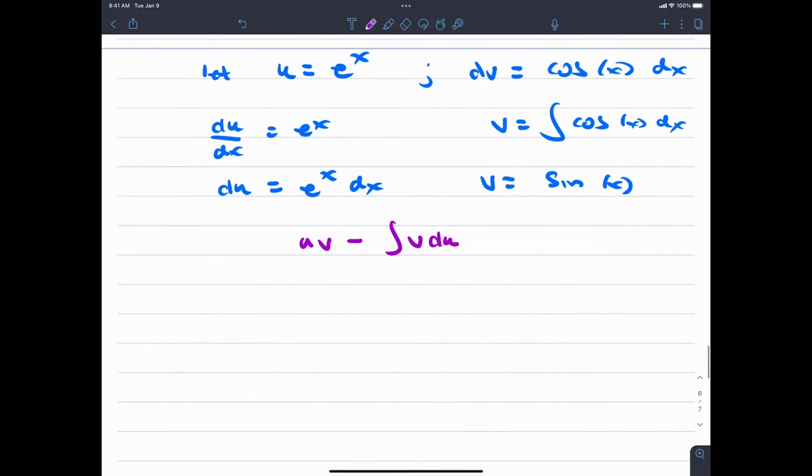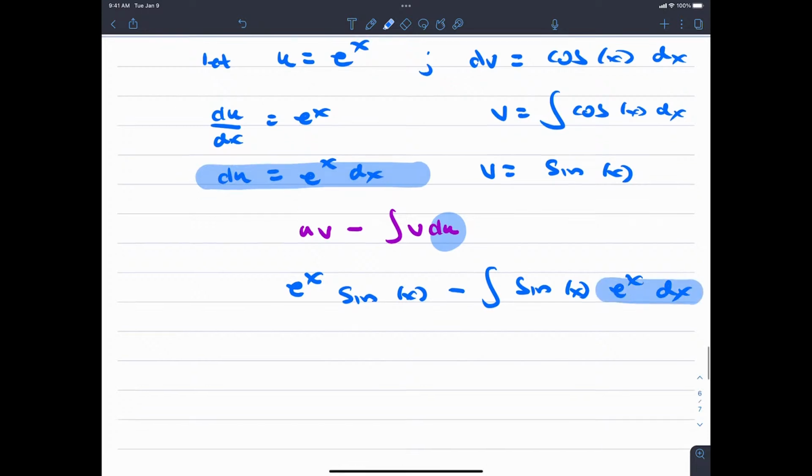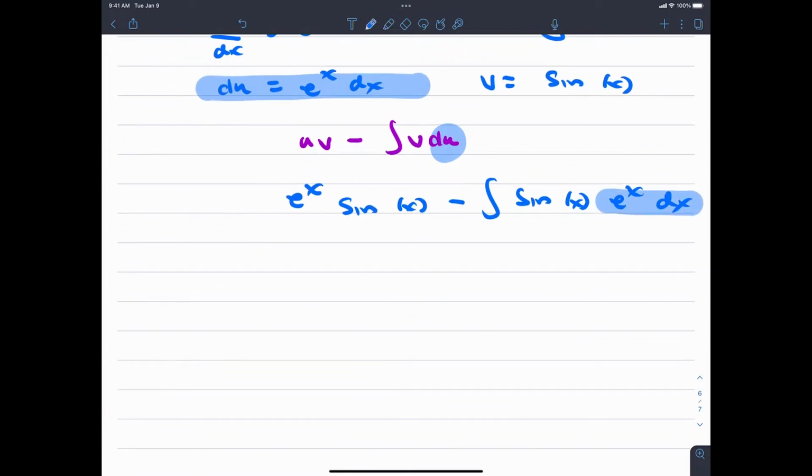And as we use integration by parts, because he said you can answer it by integration by parts, and we believed him, we now have the integral of sine, and du is e^x dx. Don't forget, this whole thing is du, and you just put it right here. And then you said, okay, what do we have?